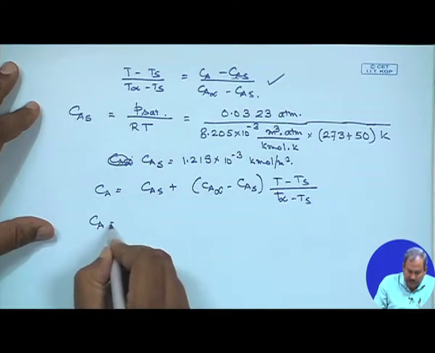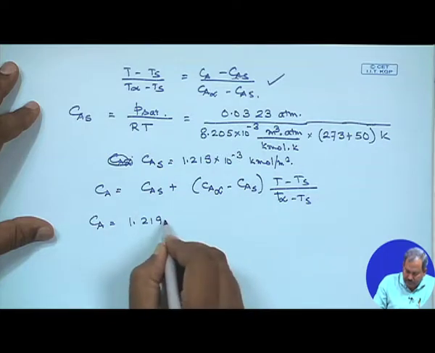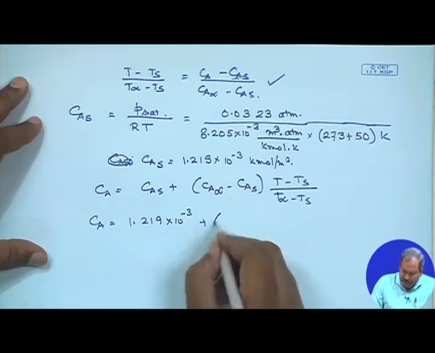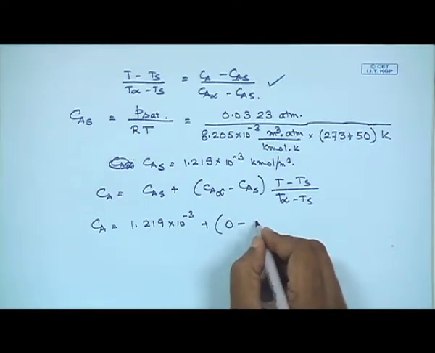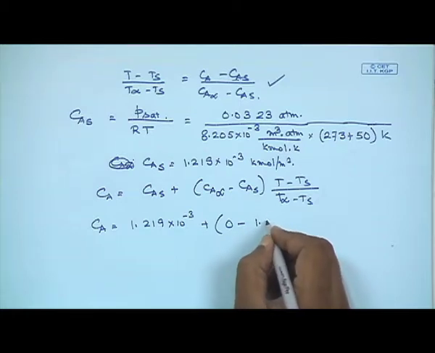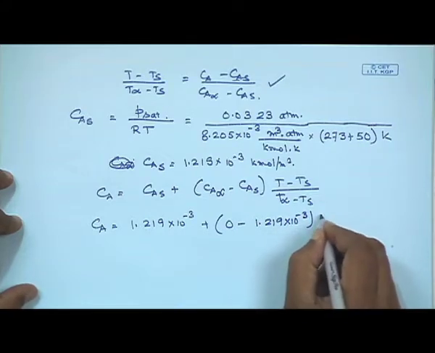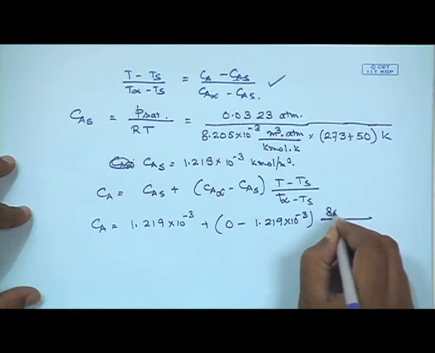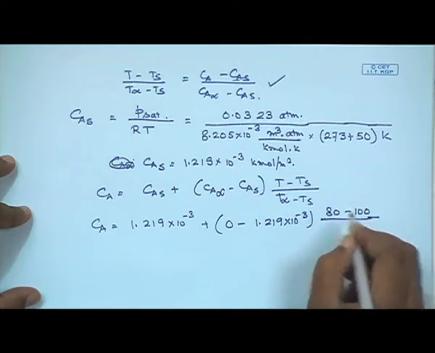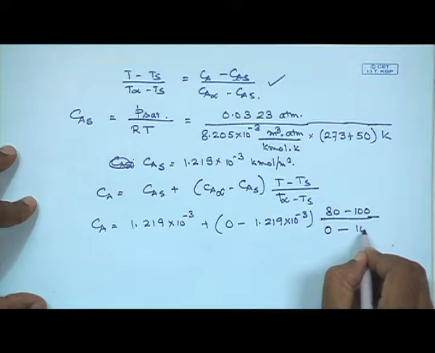So, therefore, your CA is this CAs, value of CA infinity at a point far from the wall. Temperature was measured to be 80 at that location, T surface is 100 and T infinity is 0.